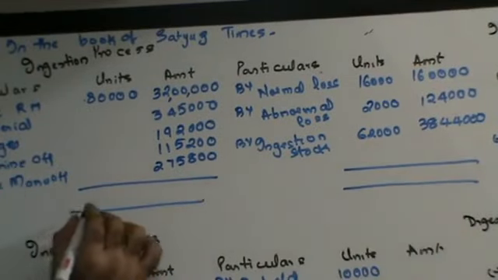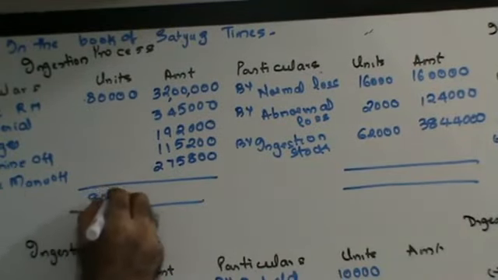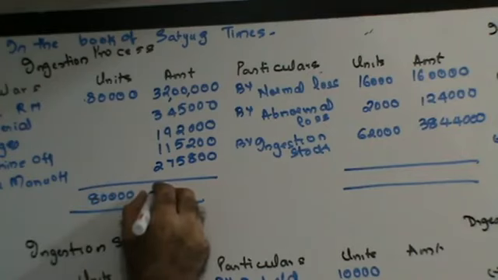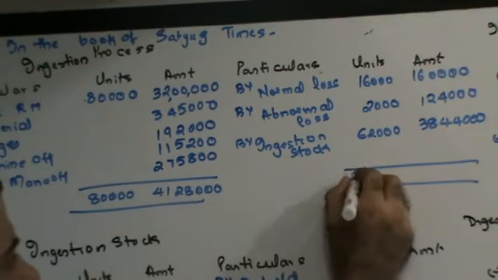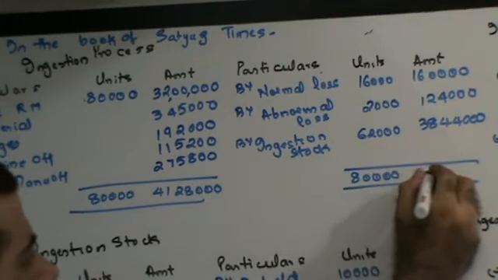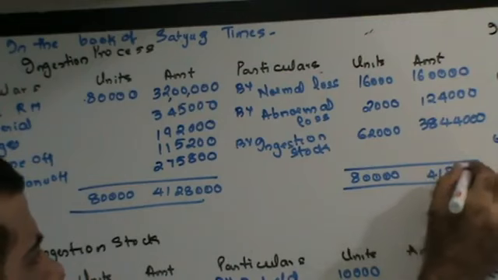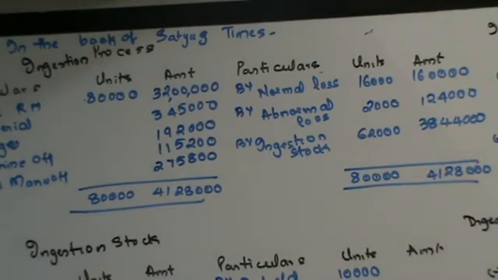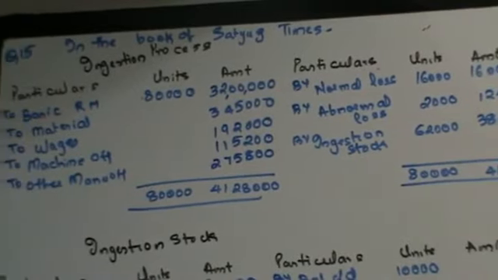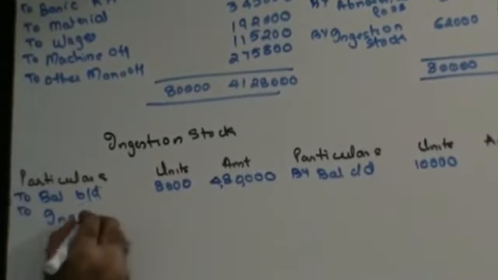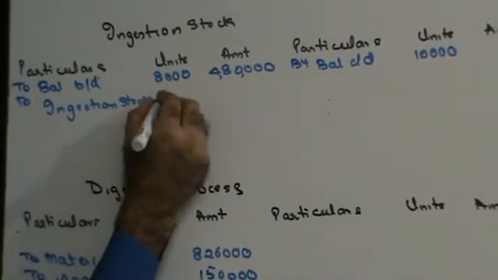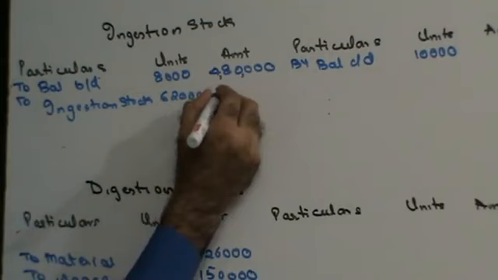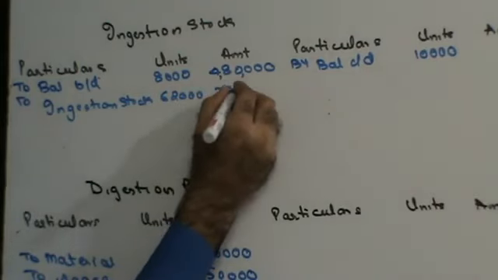Tally this. This is going to be 80,000 units and 41,28,000. Transfer. So this is going to be to ingestion stock, 62,000 units and 38,44,000.